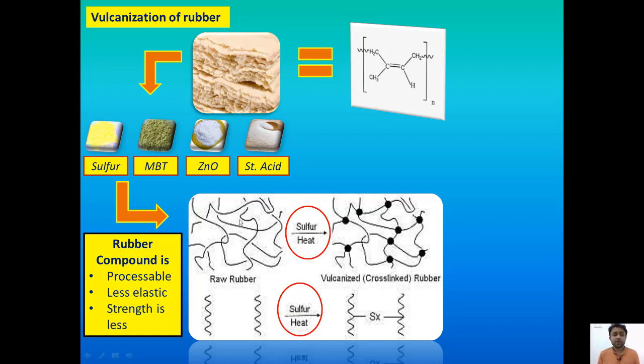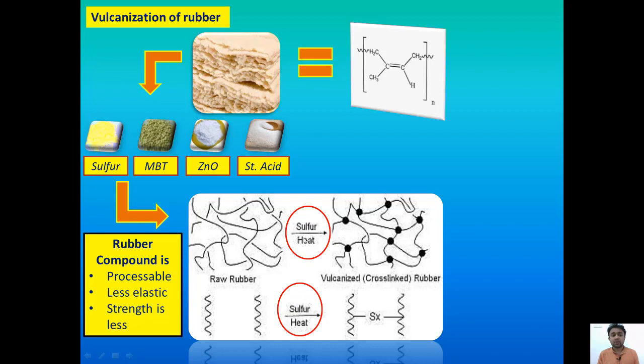Here you can see rubber molecules, cis-1,4-polyisoprene, that is this. If we take two chains like this, then we add sulfur and temperature, heat.